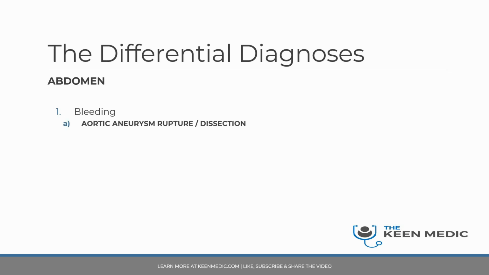So aortic aneurysm rupture, which can be large and sudden and catastrophic, or dissection, which can also be quite catastrophic, but it may not be as bad if it is away from the heart itself. But if it is a big dissection, then they can still bleed straight into the false lumen, and that can cause major issues. All right, so I hope that makes sense so far.